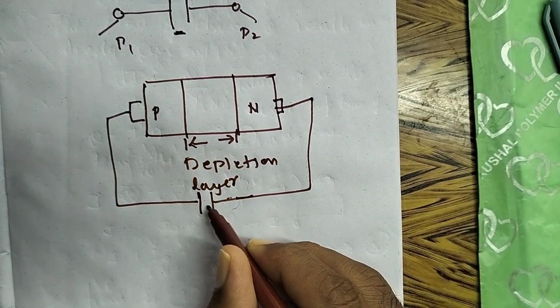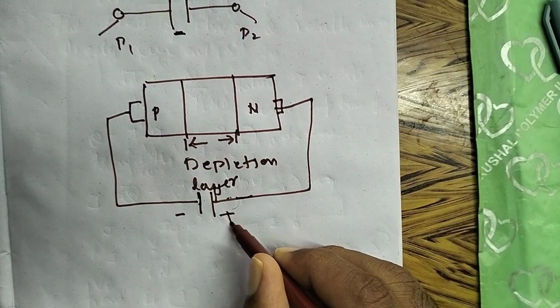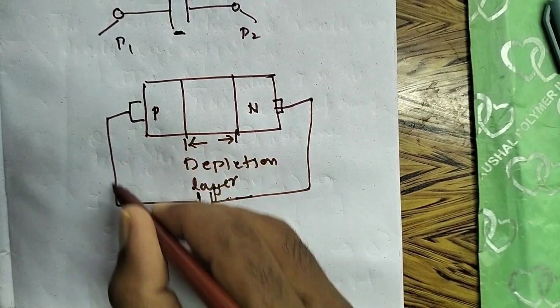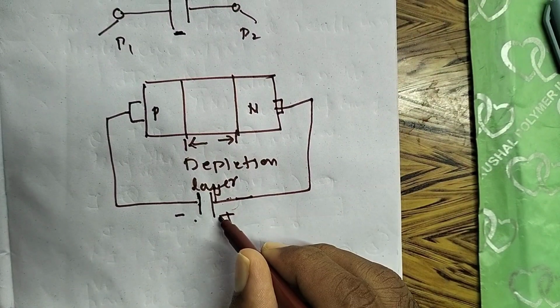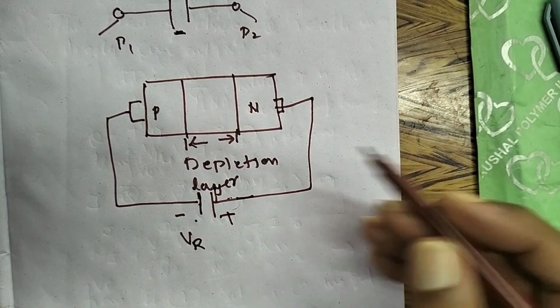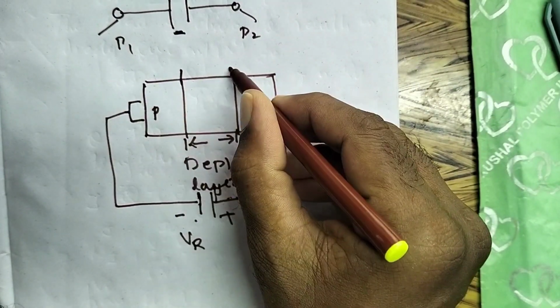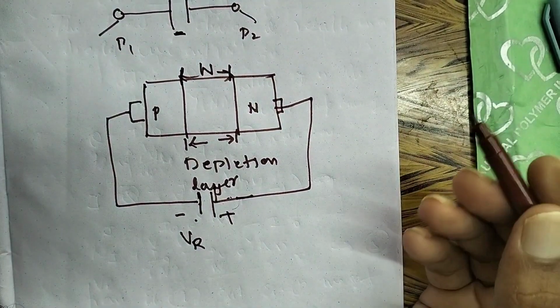P type is connected to the negative terminal and N type is connected to the positive terminal. This voltage is represented as VR, and this is the width of the depletion layer, that is W.